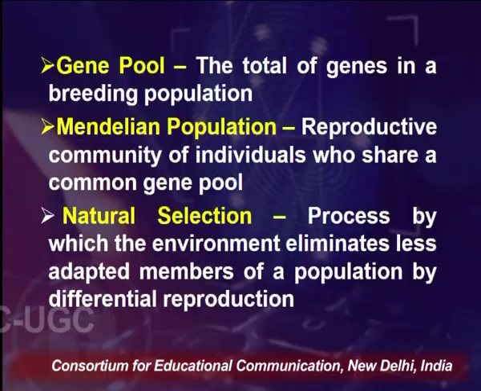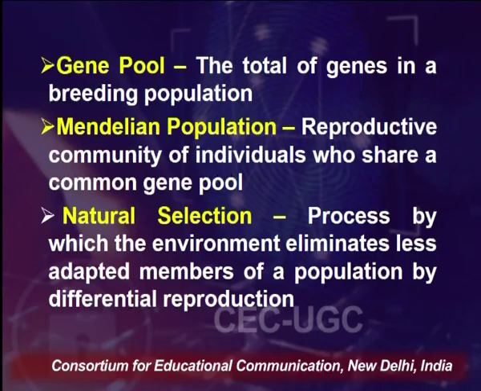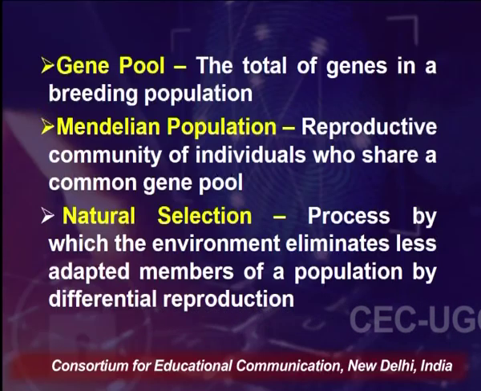This Mendelian population and the law of Hardy-Weinberg equilibrium is also defined by natural selection. Now, what is natural selection? It is a process by which the environment eliminates less adapted members of a population by differential reproduction.